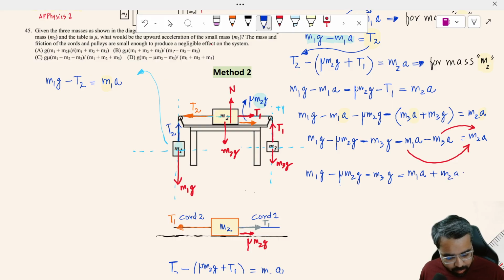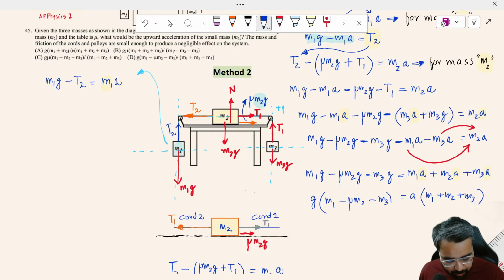Now you can take the acceleration out of every term, so it will become the total mass on the right hand side of the equation, whereas you can take g out of every term because that is common. So inside we have m1 minus mu m2 minus m3.